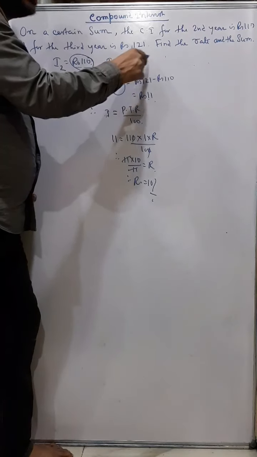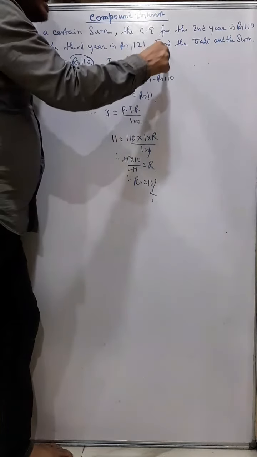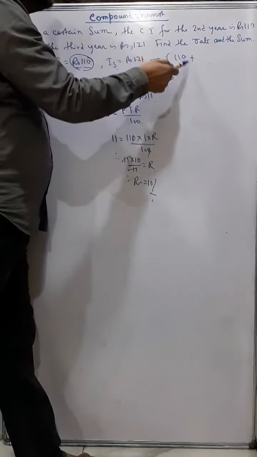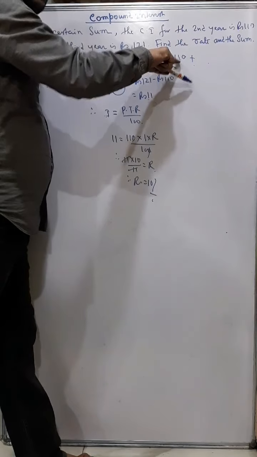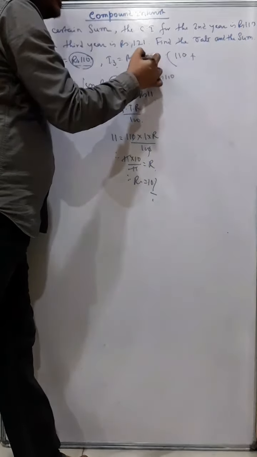So in the second year we have 110 rupees interest. So why are we giving 121 rupees interest in the third year? Because in the third year I have to pay the previous interest. How much had I paid? 110, and I have to pay an extra interest on interest. Naturally since it is 121, an extra 11 rupees interest has been taken.